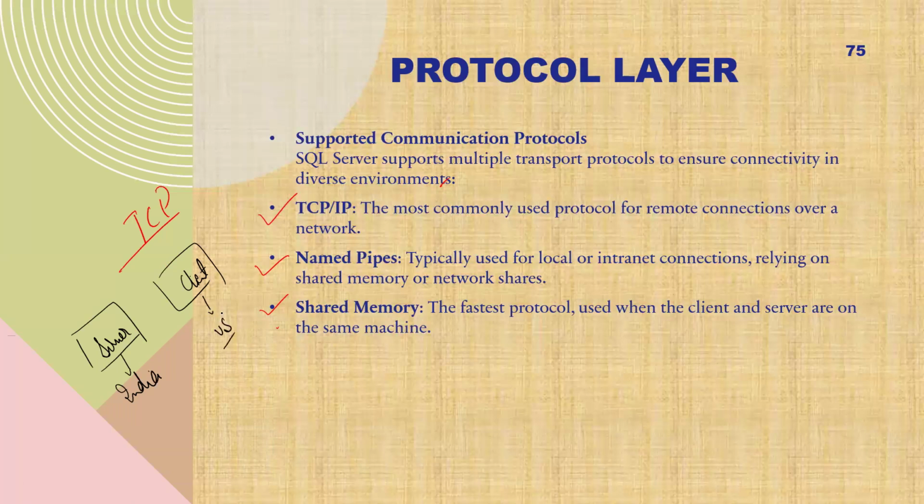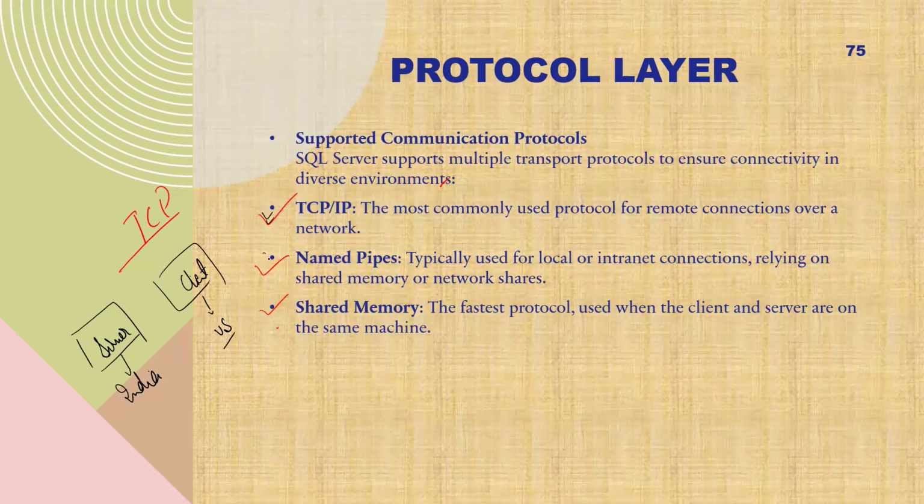So TCP/IP means that the client and server both exist in two different locations, and with the help of TCP/IP we are going to make remote connections if the client and server are in two different locations, just like India and the US. In that scenario we are going to use TCP/IP.